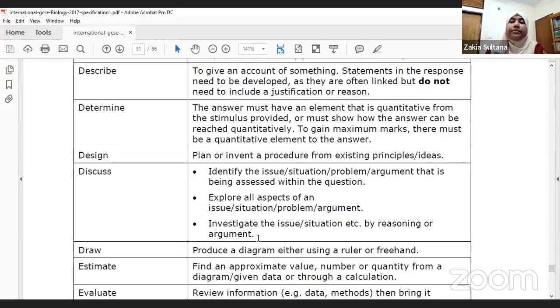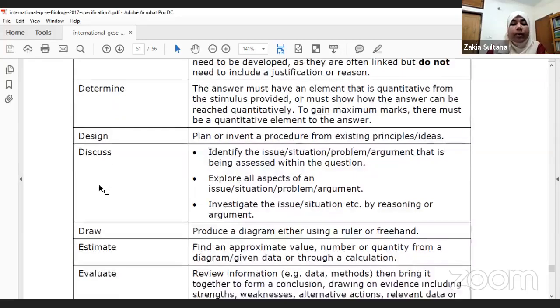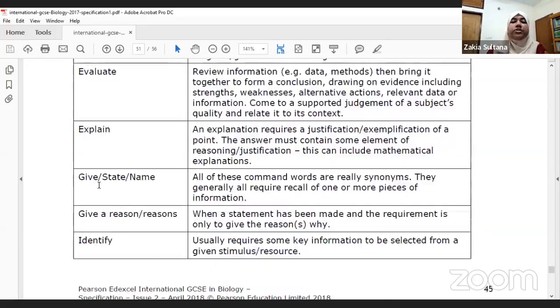For example, you are given a table, you are given a graph, and if you only talk about graph, no, you are not getting all the marks, no matter how many points you write about. So you have to explore all those and come to a final conclusion, and that is what discuss demands.